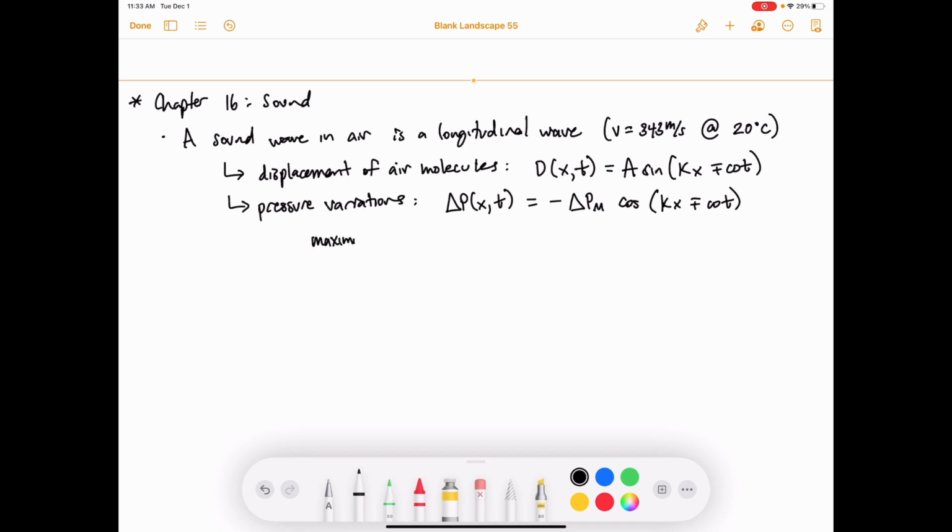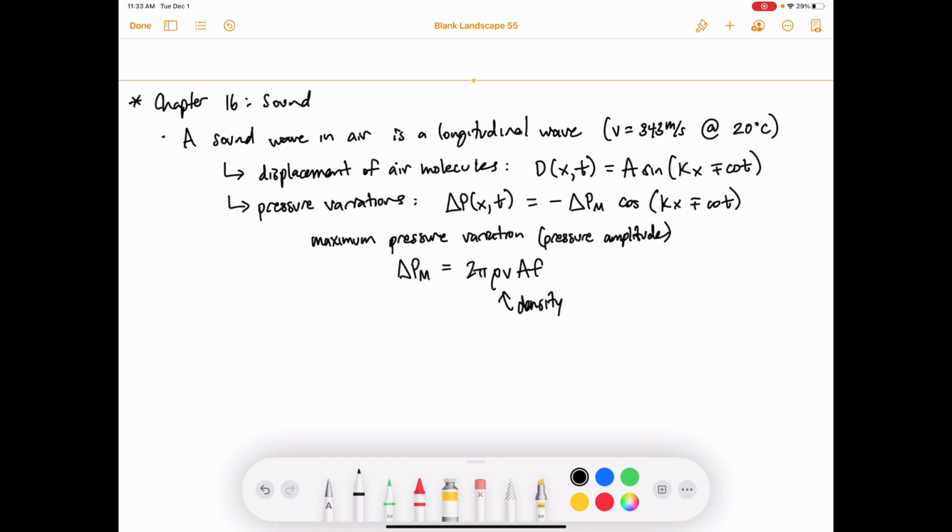But the maximum pressure variation, sometimes called the pressure amplitude, is given by delta Pm. This is equal to 2 pi times rho V A F. Okay, so rho is the density of the air. V is the speed of sound.